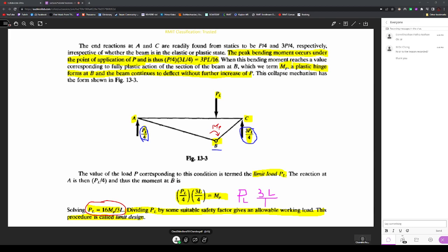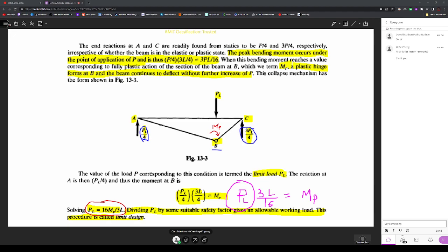Okay, that is the plastic moment. So from here, we are interested to find out what is the plastic load. You can see that the plastic load is 16 times plastic moment over 3 times L. L is the length of the beam.